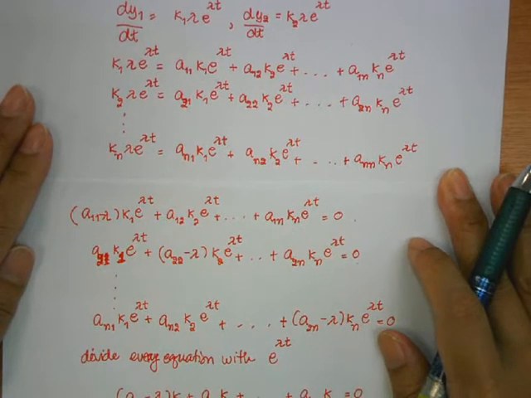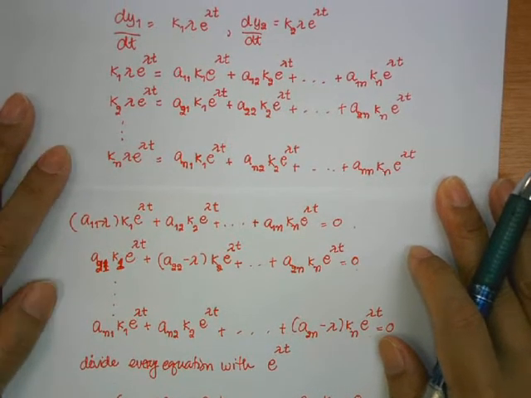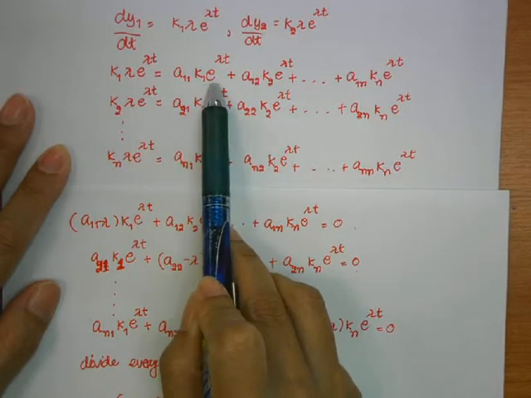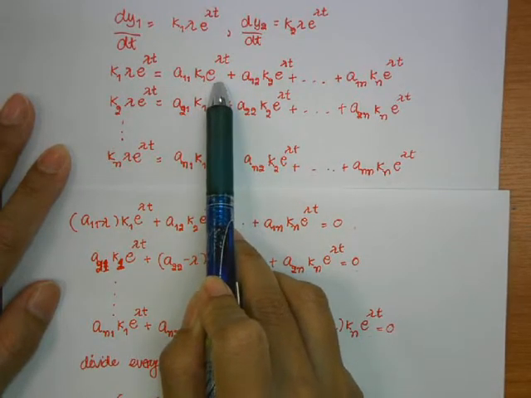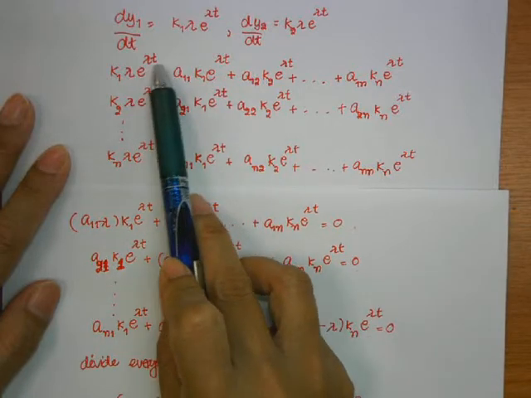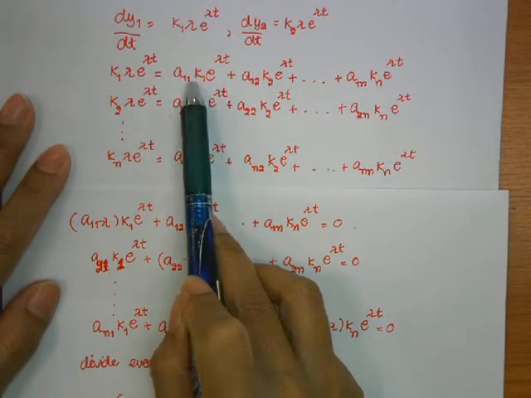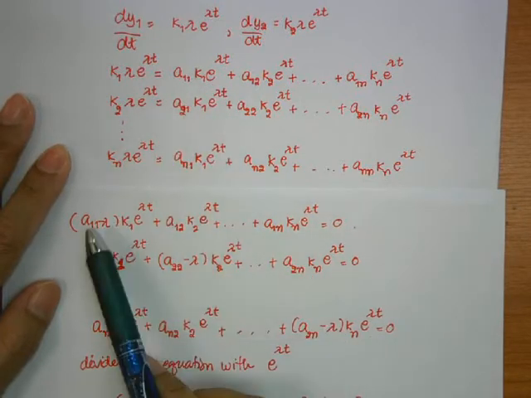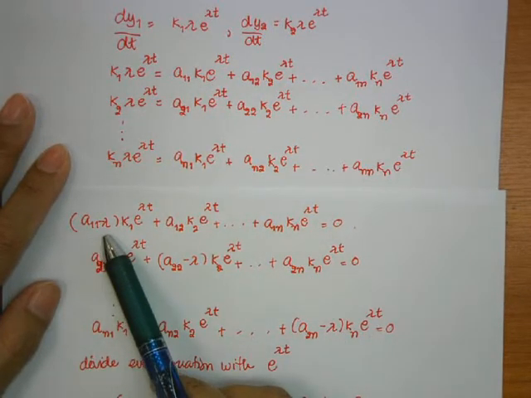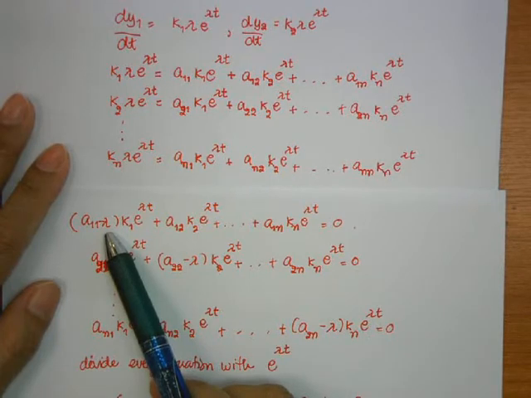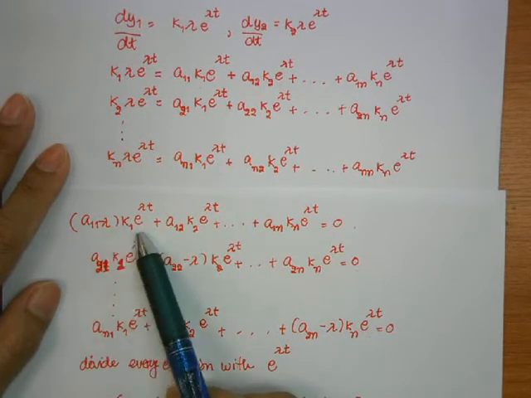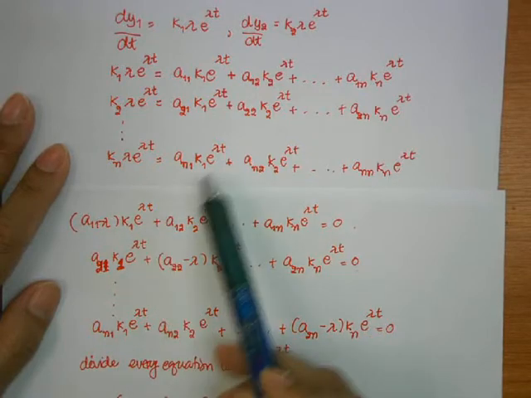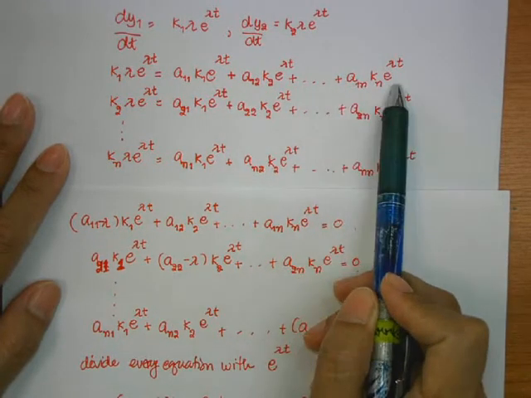After you move k1 here, you have exponential of lambda t and k1 for both terms, and then inside you would have a11 minus lambda, times k1 times exponential of lambda t. But the rest of the terms would be the same, which is equal to 0.